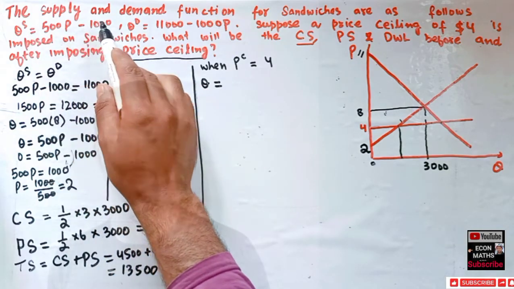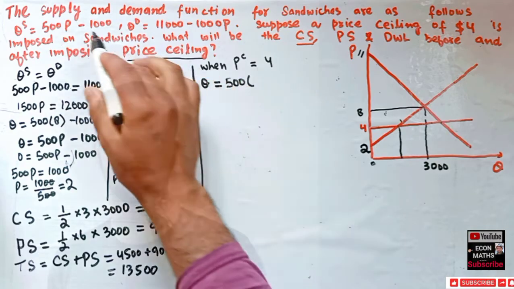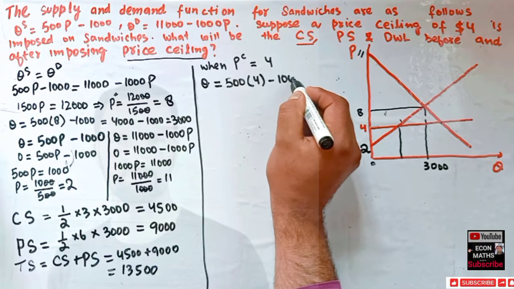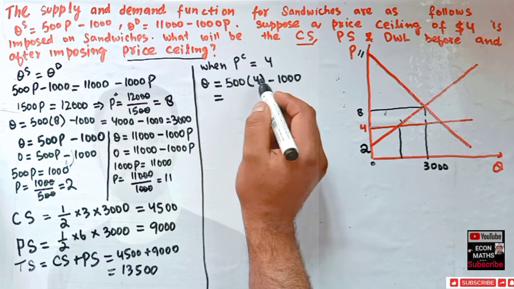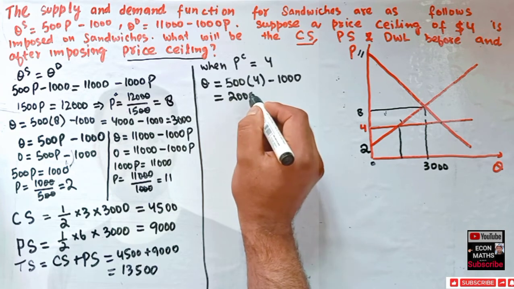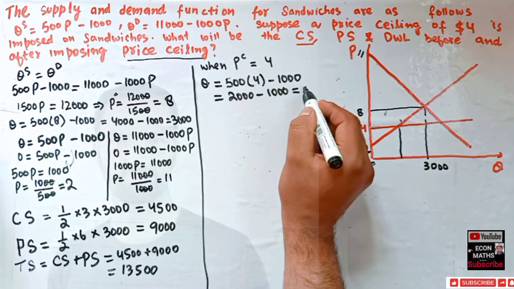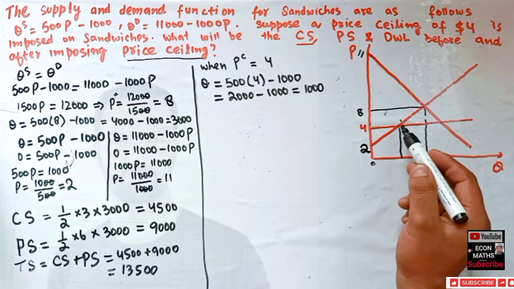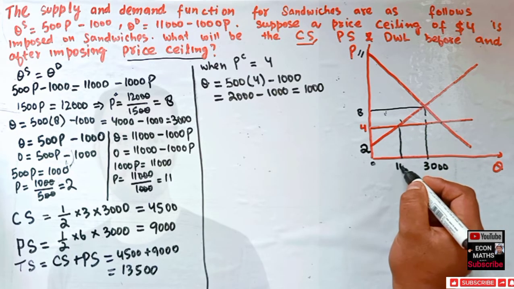So we have 500 times the price ceiling, which is 4, minus 1000. This is 500 into 4, which is 2000, minus 1000, which comes out to be 1000. So when the price ceiling is imposed, the quantity supplied is only 1000.